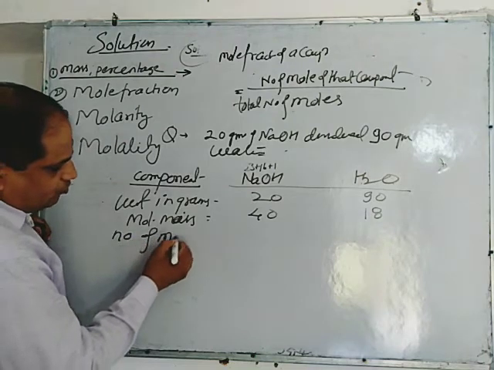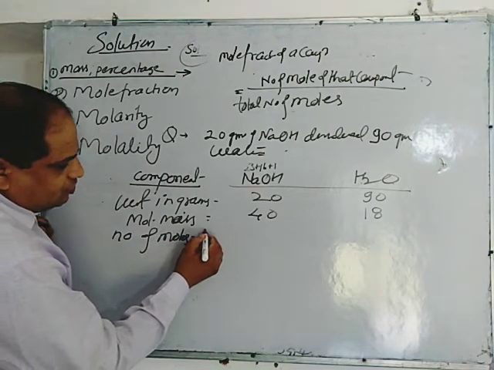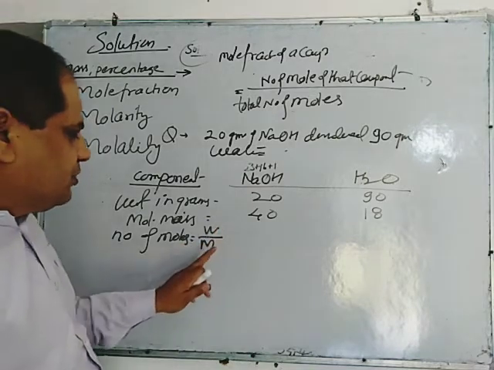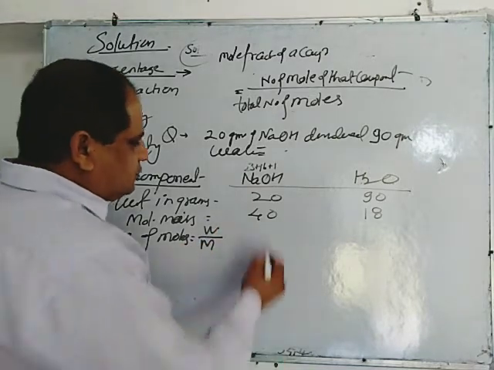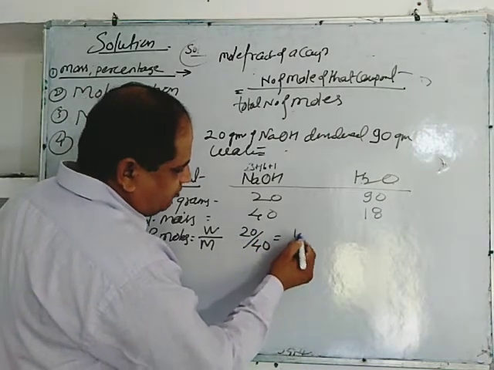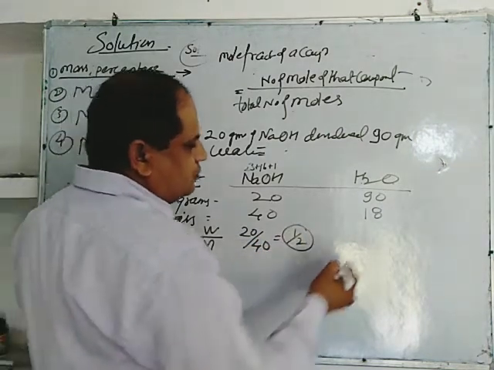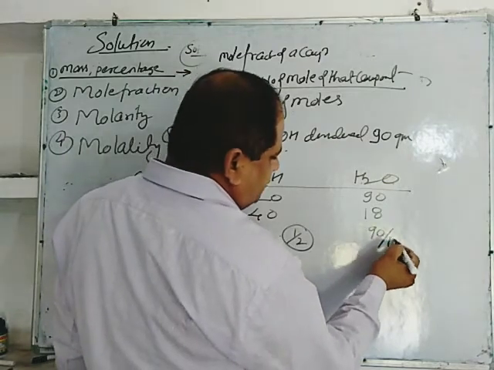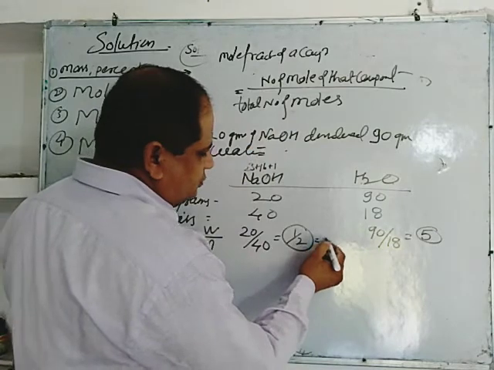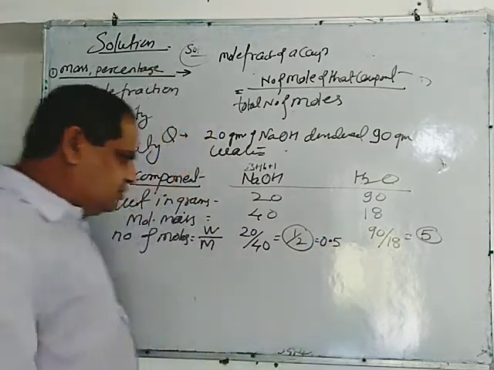Now number of moles equals W upon M, means weight in grams upon molar mass. So this is 20 upon 40 equal to 1 upon 2, and this is 90 upon 18 equal to 5. This is equal to 0.5.